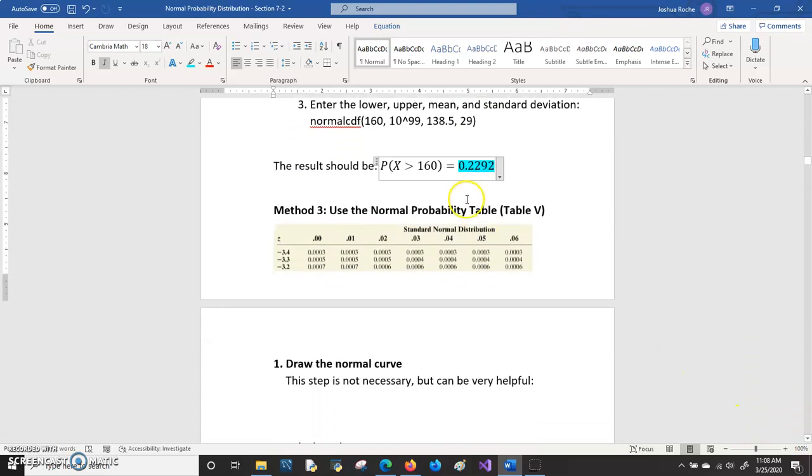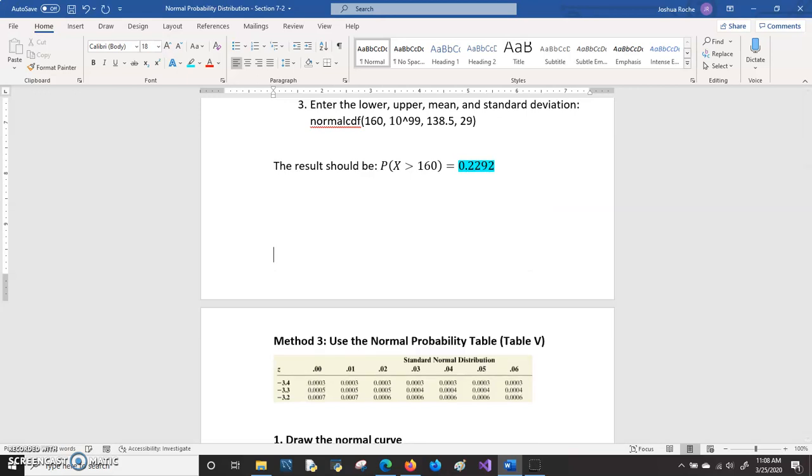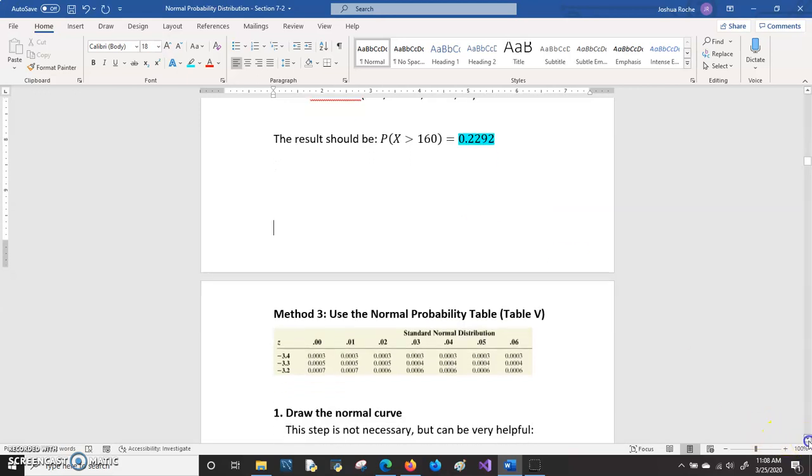Another way to solve this problem is to use Table 5, the normal probability table.